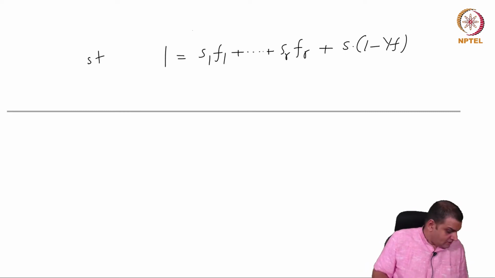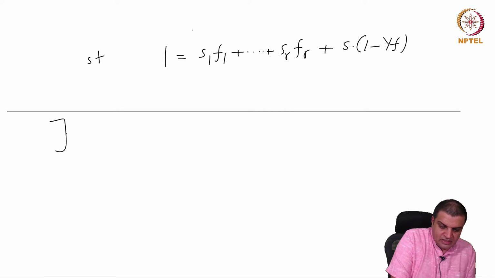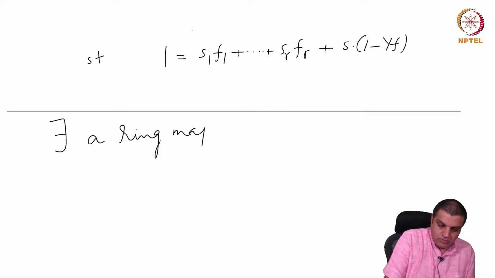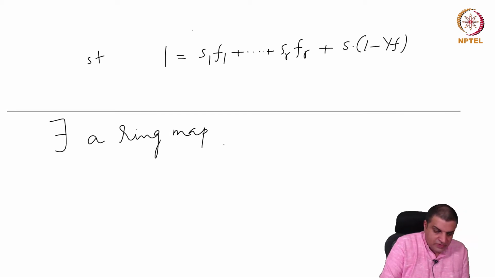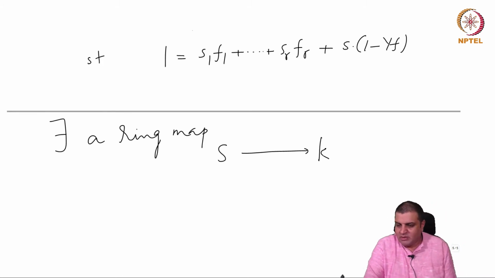So the next step is we consider a ring map. There exists a ring map which goes from S to some large ring. We can make it more precise after we develop some things, but it's not relevant for the proof.